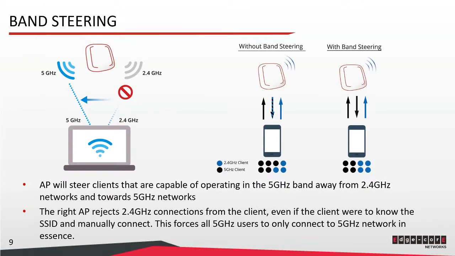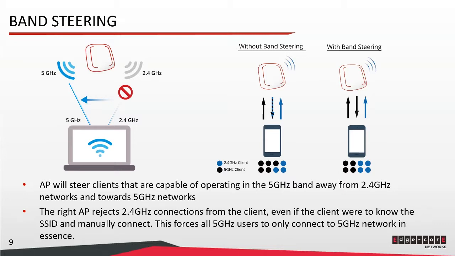The next feature is band steering. This feature allows the AP to steer clients that can support 5 GHz away from the 2.4 GHz network and towards the 5 GHz network. In general, 2.4 GHz band is more congested than 5 GHz band. So by enabling this feature, you can prevent the situation where all the clients are connected on 2.4 GHz, even though some of them can support 5 GHz.